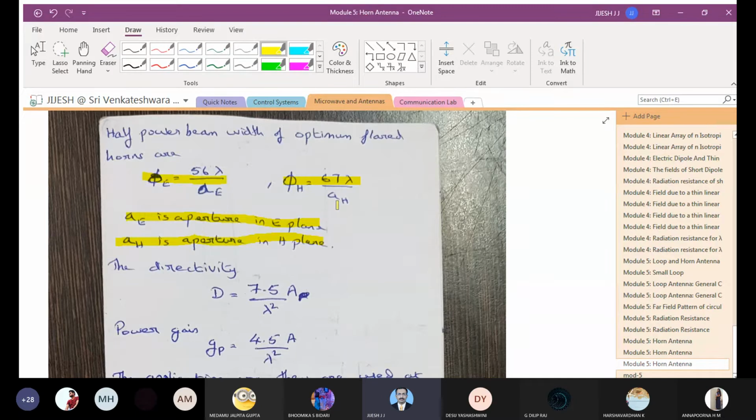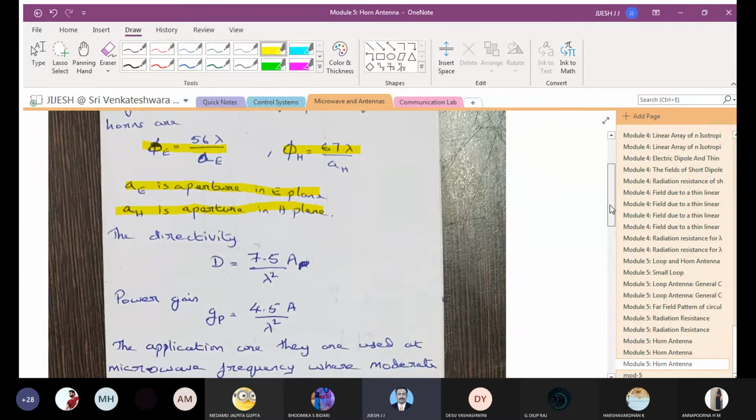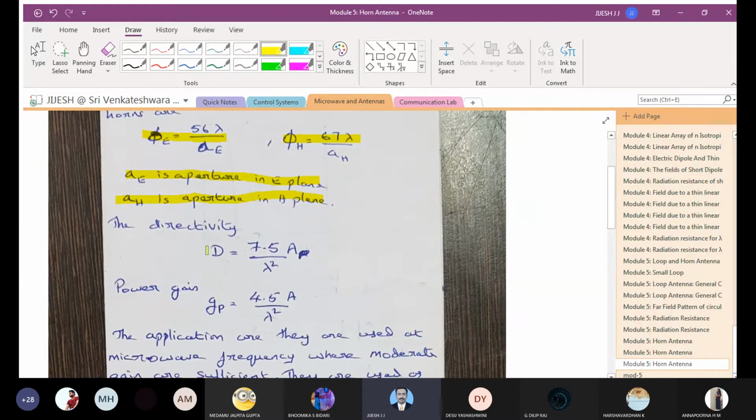And power gain can be given as GP, where GP is 4.5 A divided by lambda square. So directivity is 7.5 AP divided by lambda square, and power gain GP is equal to 4.5 A divided by lambda square.